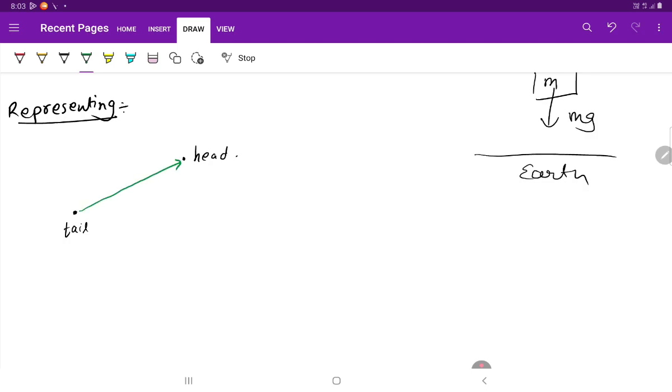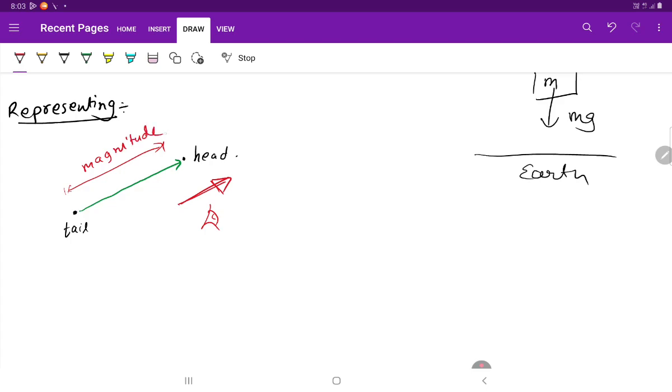Basically a vector is represented by a line or a ray, better to say a ray, joining from the tail to the head. This direction I'm marking with red, this direction which is parallel to the vector. If we look towards this direction, this will give the direction of the vector, and the length of the vector basically represents the magnitude.